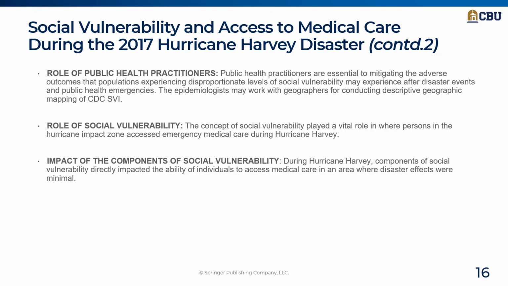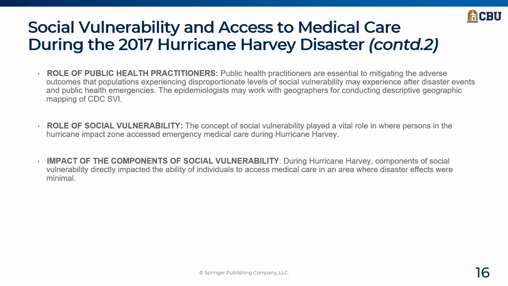For example, if we know certain communities may, on a day-to-day basis, have high vulnerability, they may not have access to food, water, medications, shelters. Deploying resources to those communities in advance sometimes can help mitigate the effects of disaster.